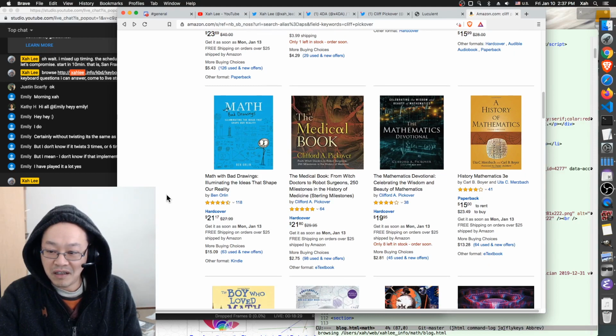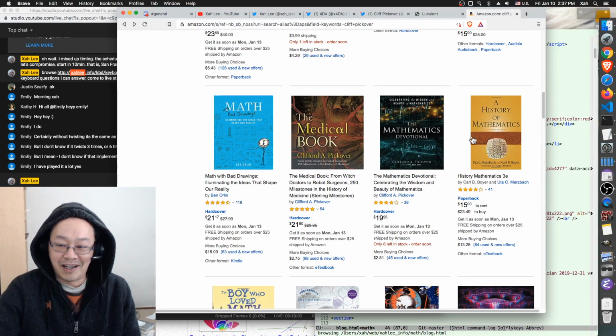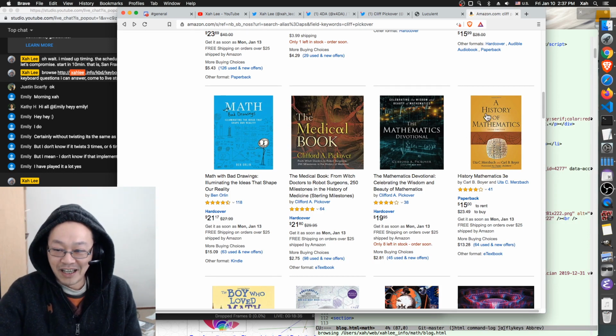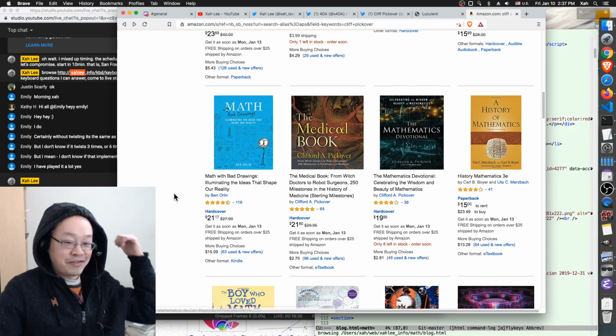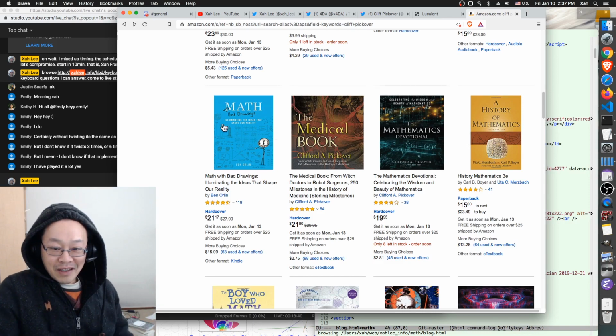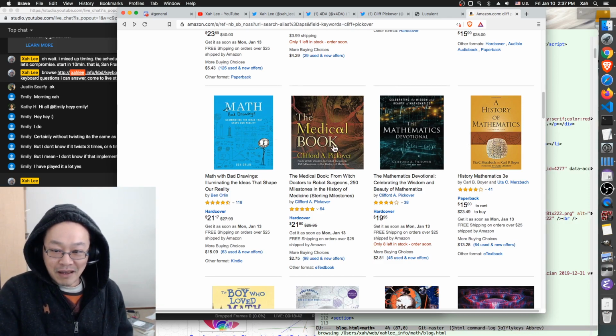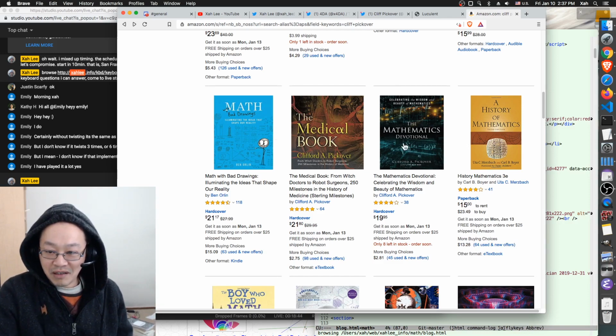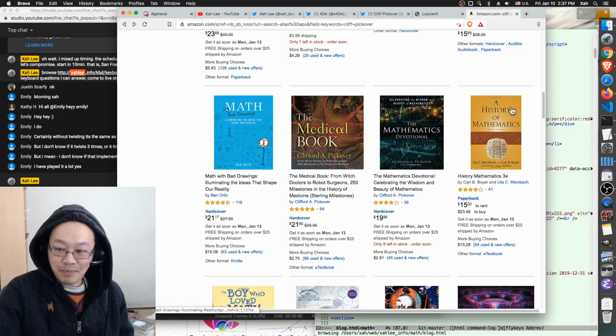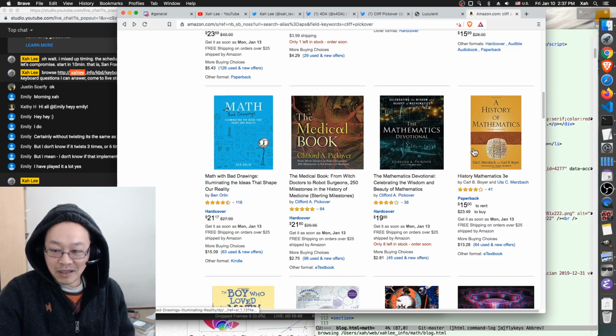Oh, he also published, okay, History of Mathematics. This is not by him. This is a real math book. I have that book. I've shown it a few times. This over here, that's real math, not this one, not this one. You see this book, A History of Mathematics, by the mathematician and historian Carl B. Boyer. This is a good book.